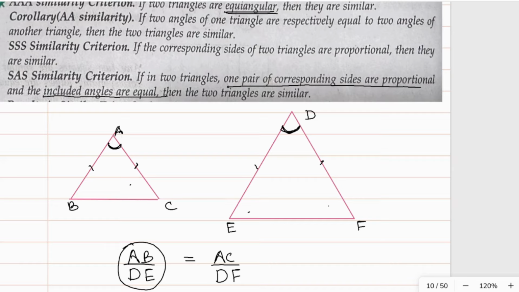The next arm of angle A is AC, and the next arm of angle D is DF. So if AC by DF is equal, then AB by DE equal to AC by DF is the one condition, and angle A is equal to angle D. Then by using SAS criteria, we can tell that these two triangles are similar.